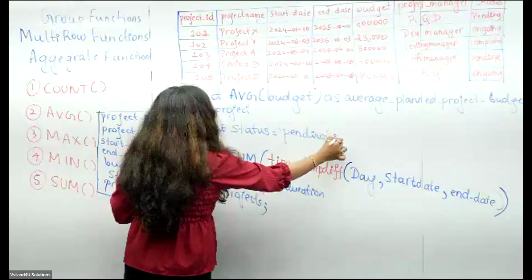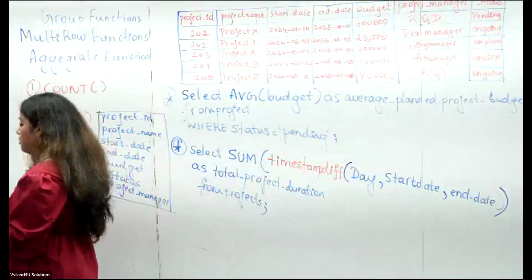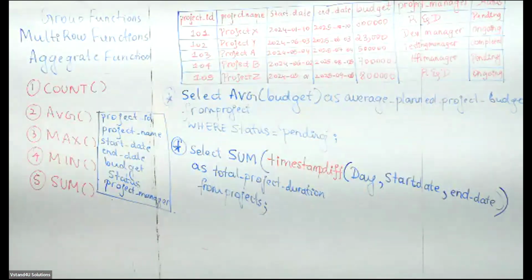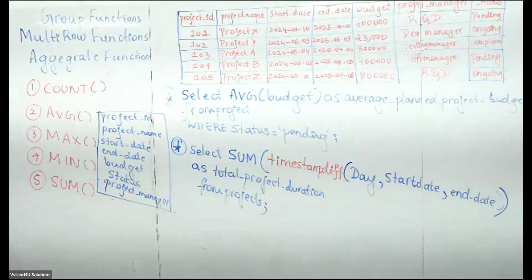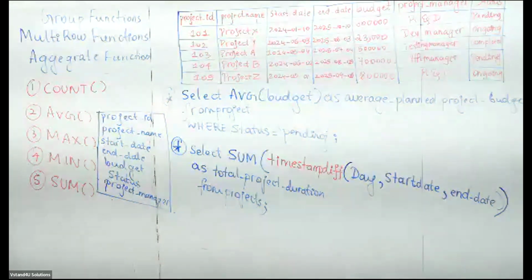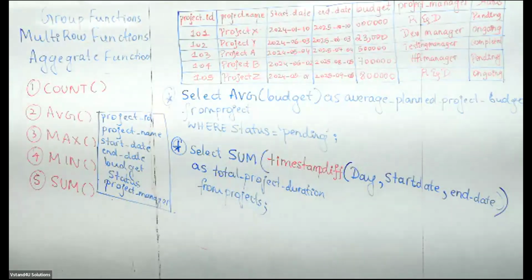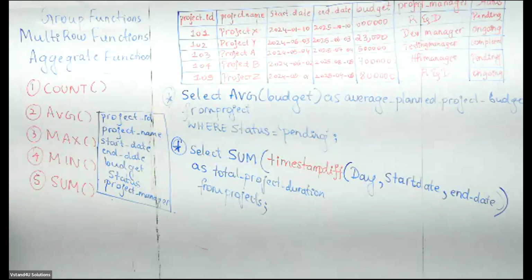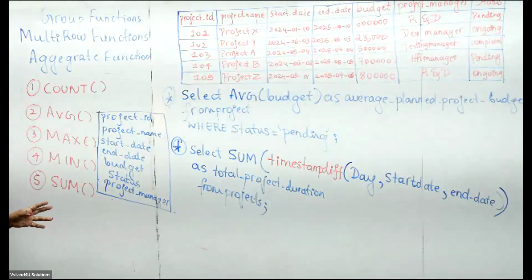Any doubts you have in this? Next query you'll solve on the board. Yes or no? Or else you people will make me angry. Volunteers, you people only come. I'll not call anyone on the board, still you say no ma'am, I cannot come. I'll solve on the board, I will only write, I will only learn. You people don't learn anything.